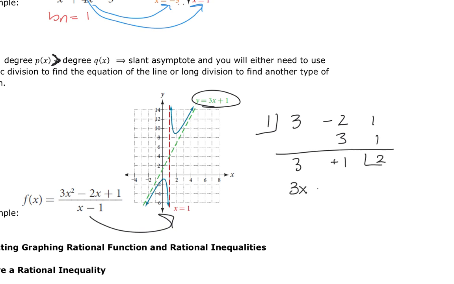This gives me 3x plus 1. That's where I get that. Since I have a remainder, obviously x minus 1 is not a factor of this numerator. That's how we discover and find the slant or oblique asymptotes: we do long division or synthetic division, and the quotient becomes the oblique or slant asymptote.